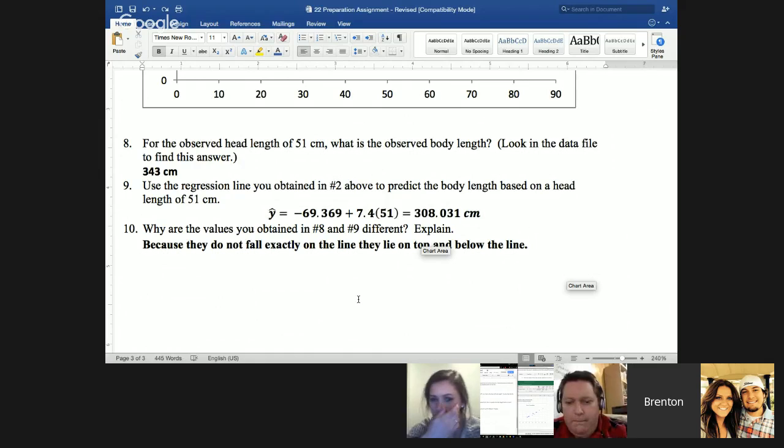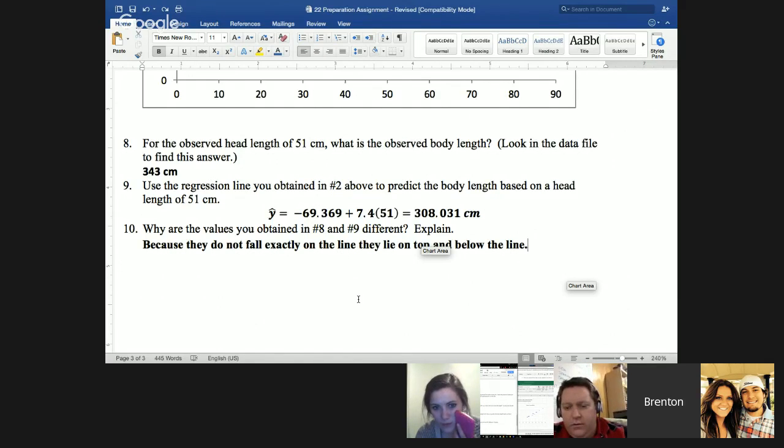Okay. So what are we doing? Are we just plugging this in the formula? Yeah, we're just plugging 51 into the formula for x.